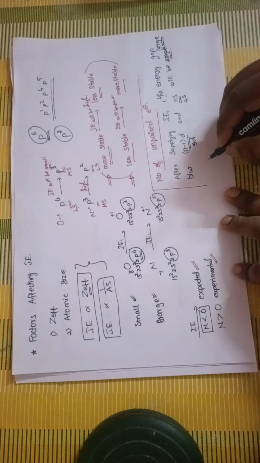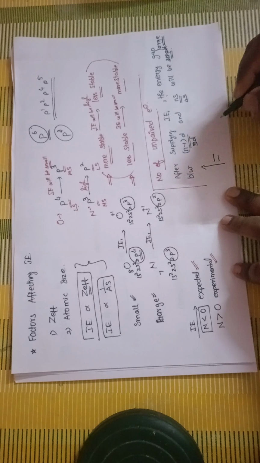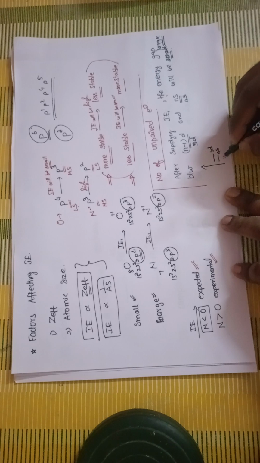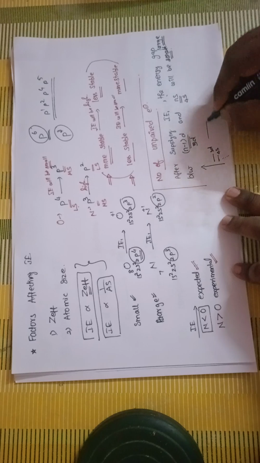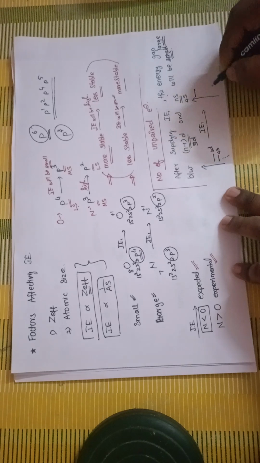In the neutral state, the arrangement is 1s, 2s, 2p, 3s, 3p, 4s, 3d. Once you supply ionization energy, the orbitals will be separated like this.